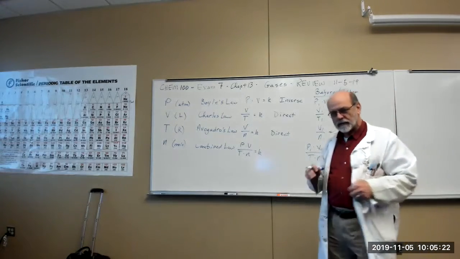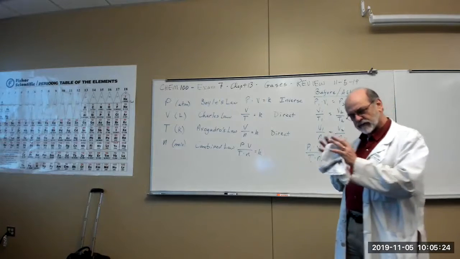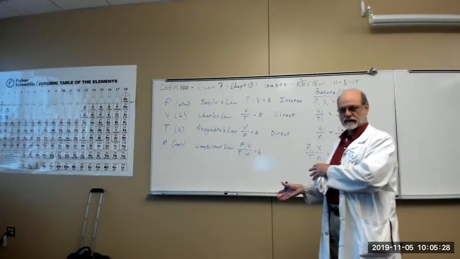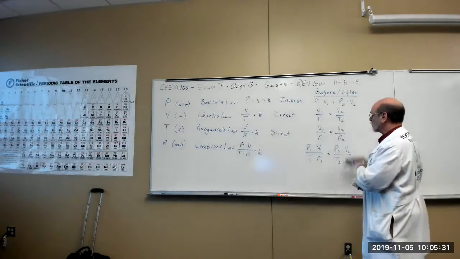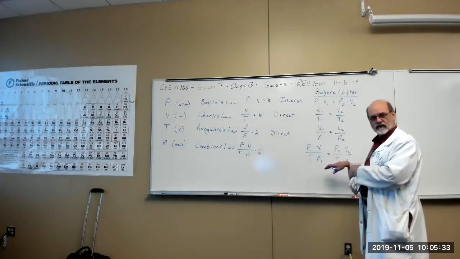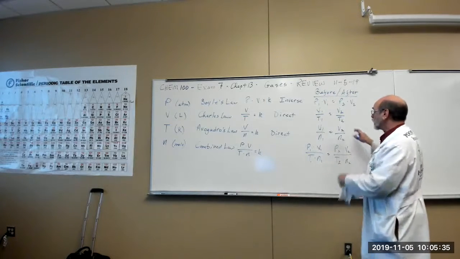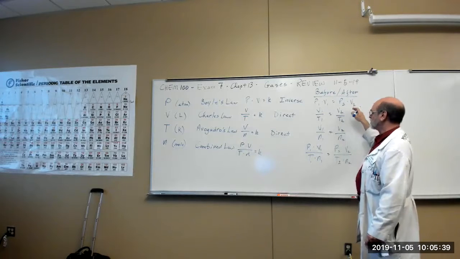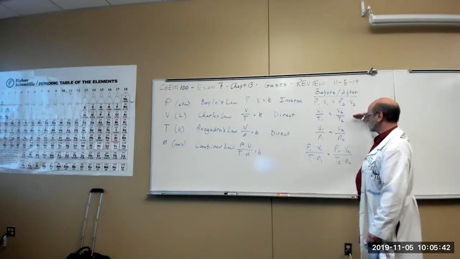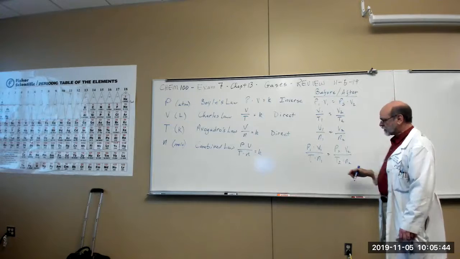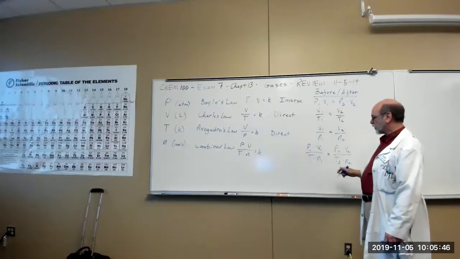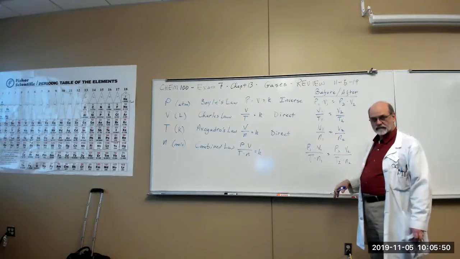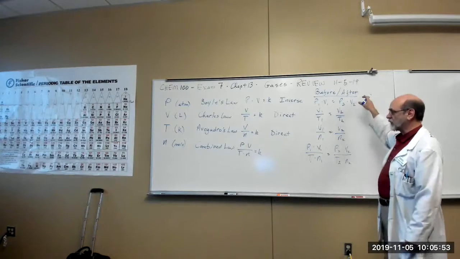If you're given in a problem the conditions before they're changed and then some of the conditions after they're changed, then you look to these types of expressions. If only two are varying, then you look for individual laws. But if three or more are allowed to change, then you look for the combined law.